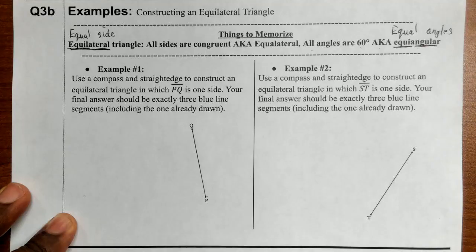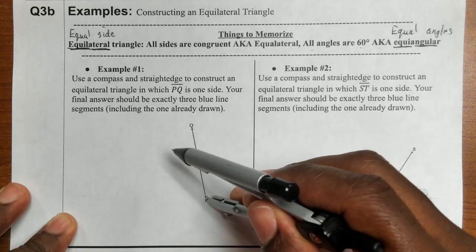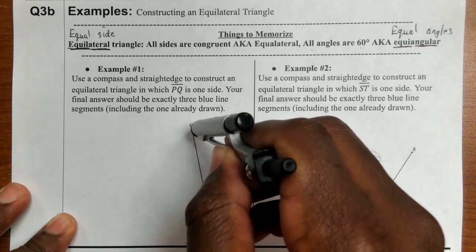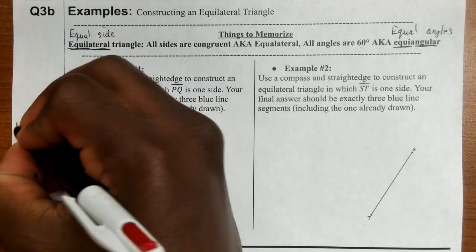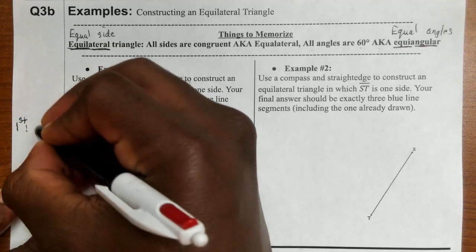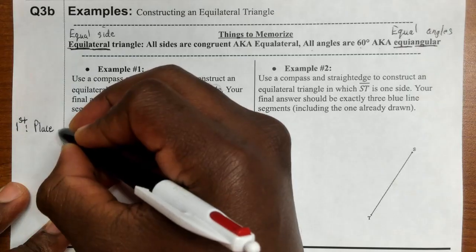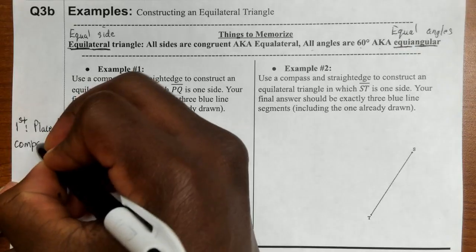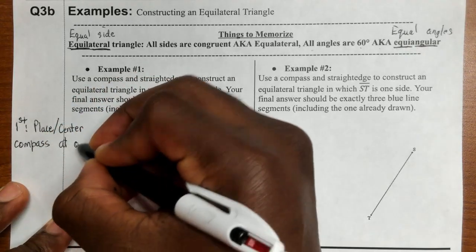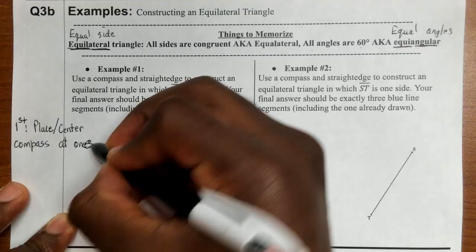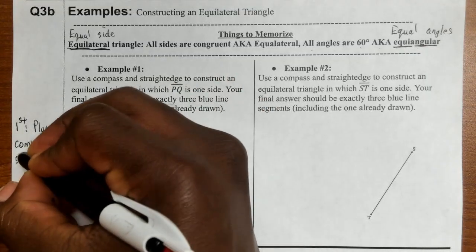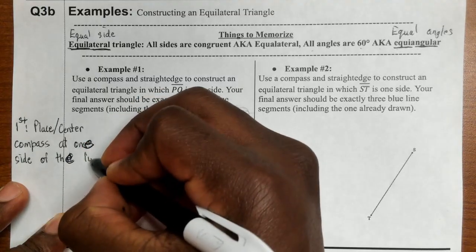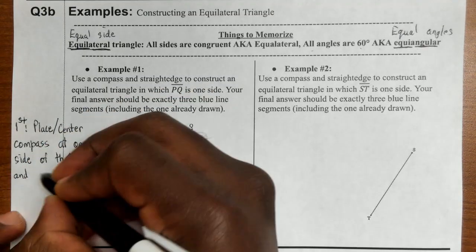The first step is that I'm going to put my compass at one side of my line, at the first point of my line, and then stretch it to the next point. So first, place or center the compass at one side of the line and stretch to the other.